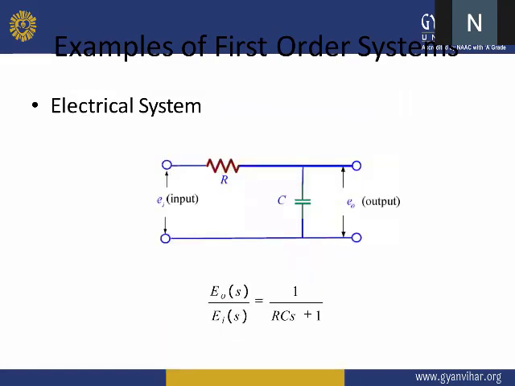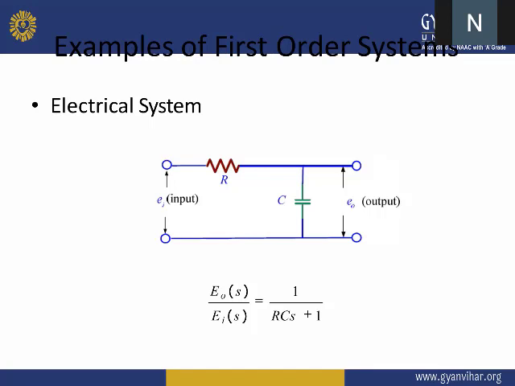When we convert this into an electrical system, we can look at this RC circuit. For example, if you would like to control the electrical system, how do you draw the control system blocks? This is an RC circuit in which R is the resistance and C is the capacitor connected in series, and the output is taken across the capacitor, and the input is Ei, given from this port.